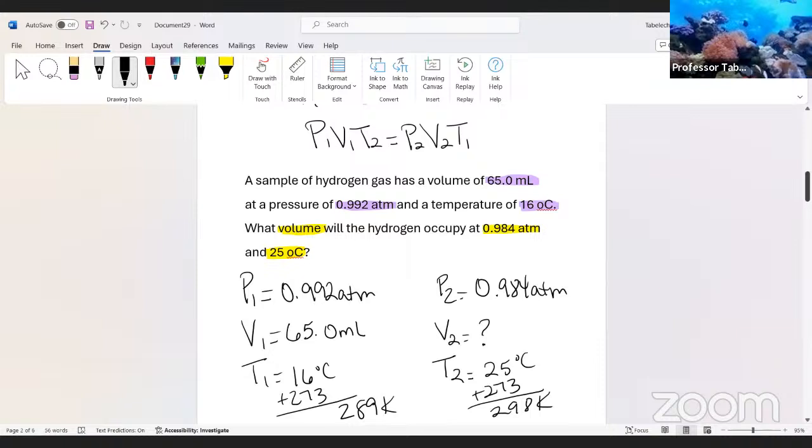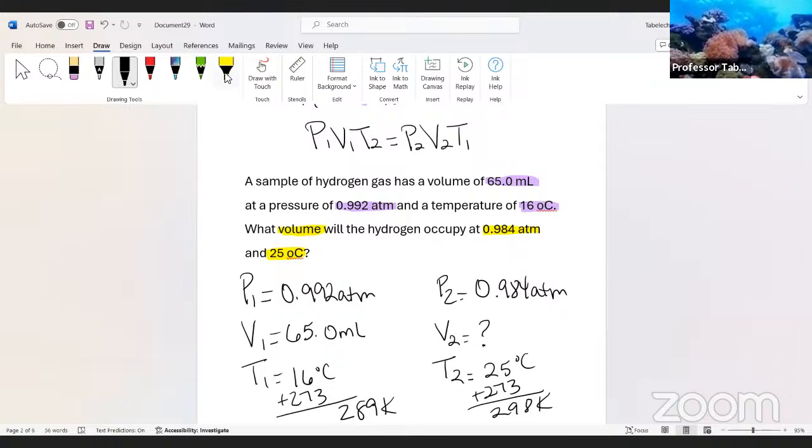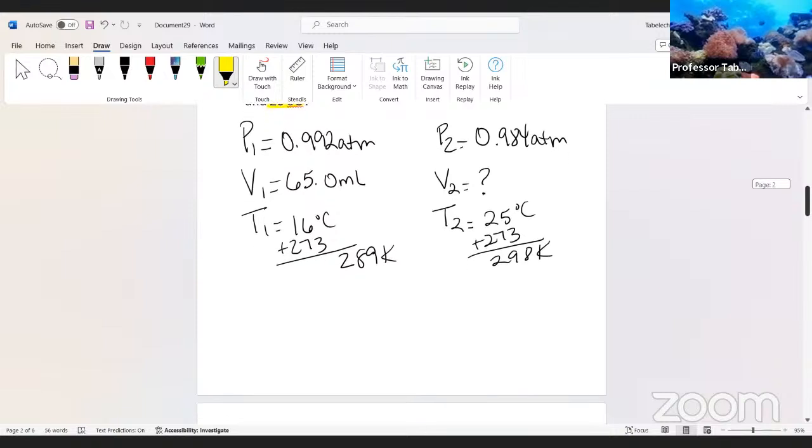Now, what you're going to do is figure out what the formula should be for V2. Now, since I have everything here on the left-hand side of this formula, I'm going to go ahead and put that down. P1 times V1 times T2. Okay, that's going to be my formula right there.